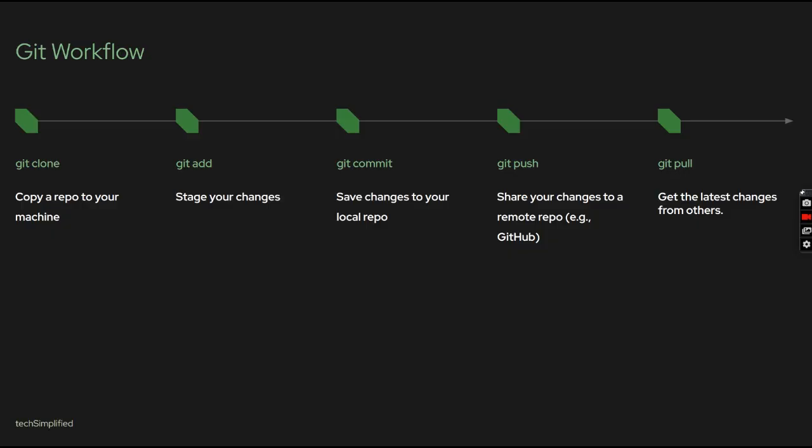After deciding which changes need to be added, you will use git commit. Git commit is like a save button, which saves all your staged changes to the local repository. And when adding the commit, you have to add a message to it. So git commit comes with a message, and the message tells us what changes have been made.